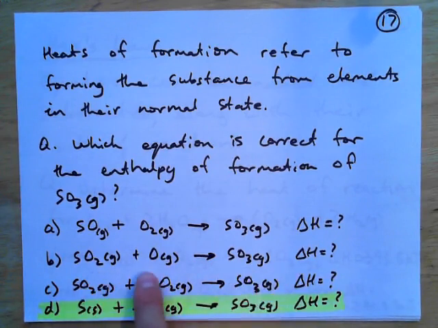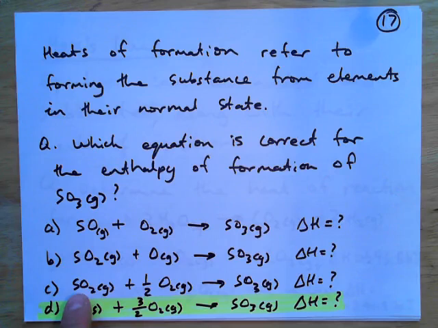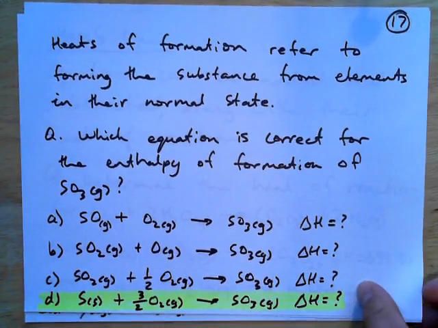So that's the reason this one's incorrect, as well as this one being incorrect. Again here, our SO2 is wrong. D is correct because we have S in its solid form, which can be found in nature. We have our O2 in normal form, and we get an SO3 gas. So that would be the equation that is correct.